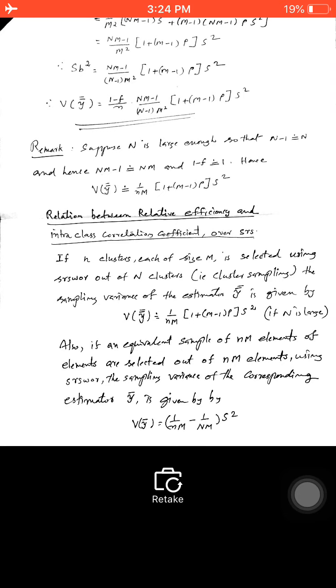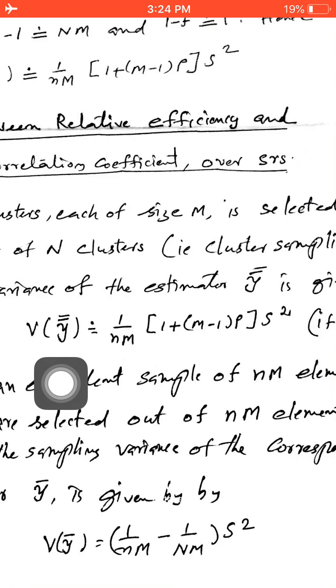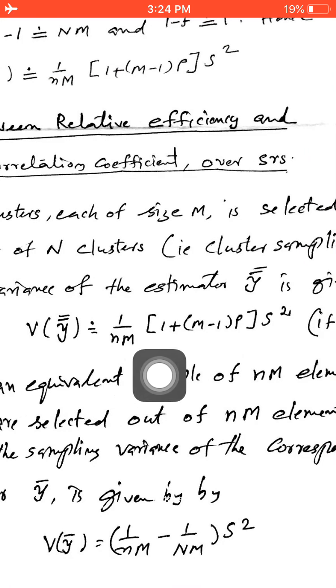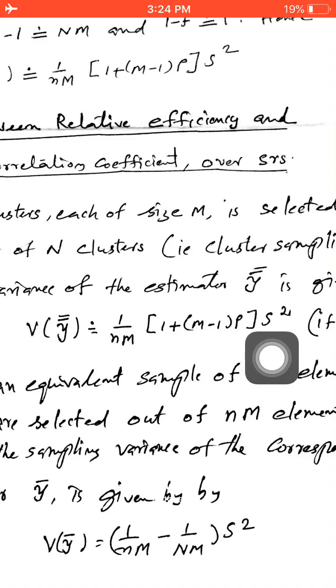That is, the sample size should be small n into capital M. Okay. So, we have the variance of the cluster sample mean as approximately equal to 1 by m into 1 plus m minus 1 into rho into s square, where rho is the intra-class correlation coefficient and s square is the overall mean square.